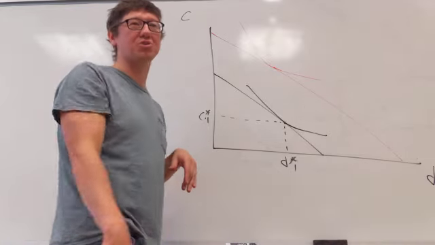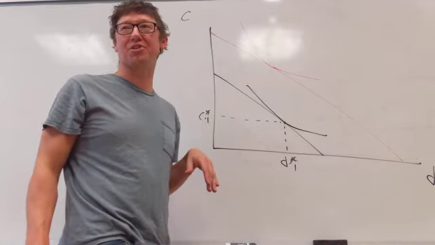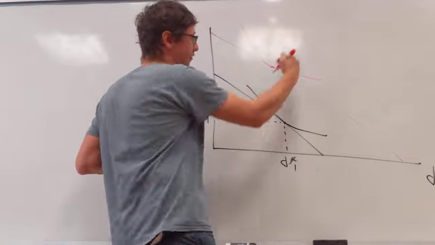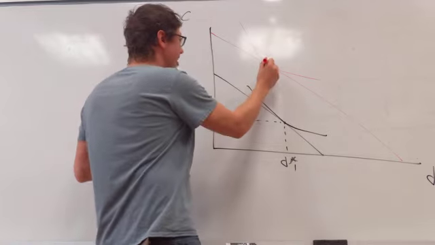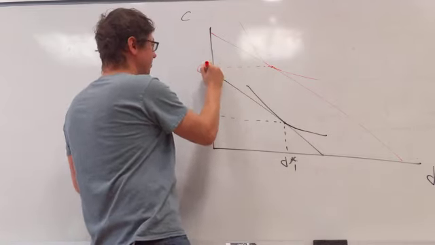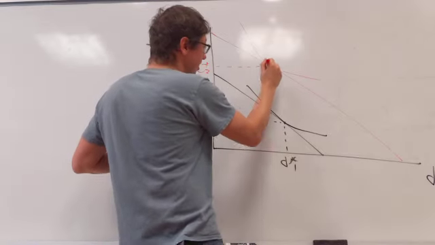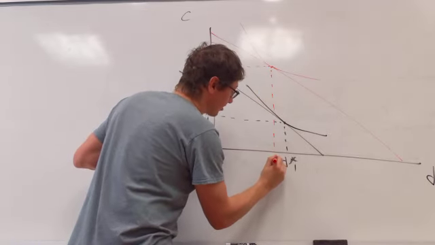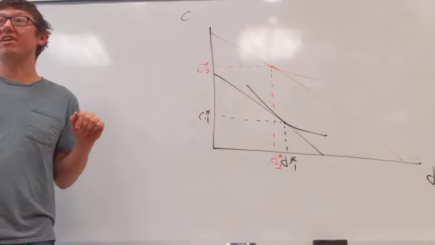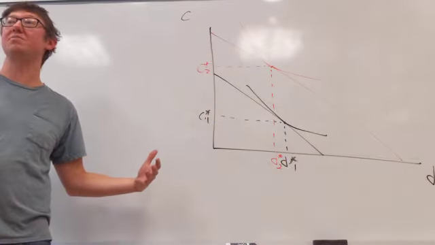Your book has much more beautiful diagrams of this kind of thing, drawn with a computer. But the point is they get to this new utility maximizing bundle on a further out indifference curve. At the new one, they're consuming more coffee. Coffee's a normal good. But they're actually consuming fewer donuts. Donuts in this case are an inferior good.